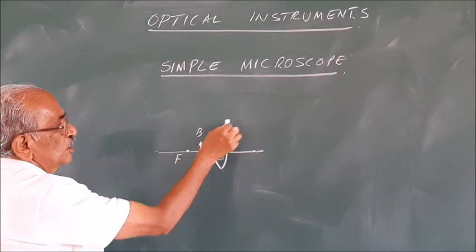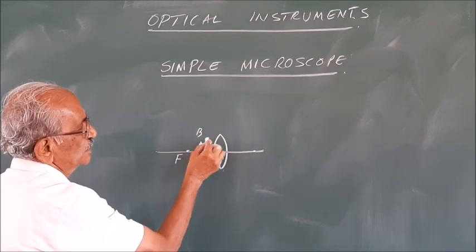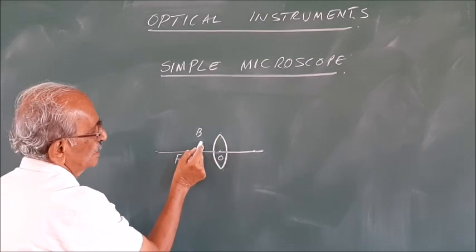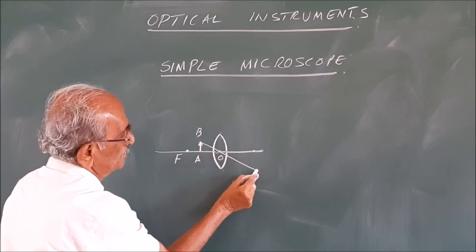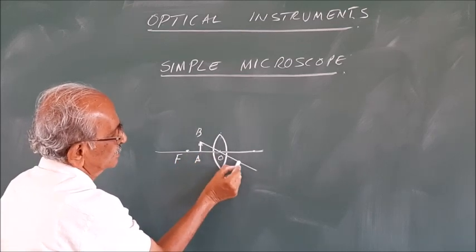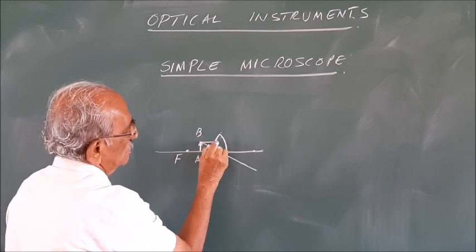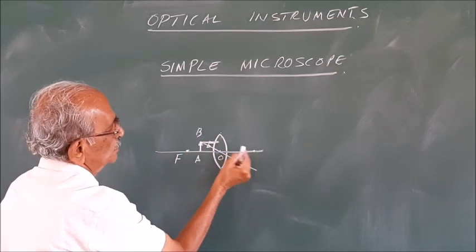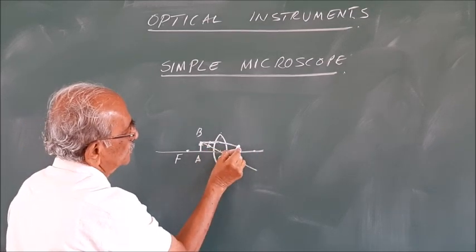Light rays from the object go in all directions, and those rays which fall on the lens get converged because this is a converging lens. A ray passing through the optic center goes straight like this, and a ray parallel to the axis passes through F after refraction.